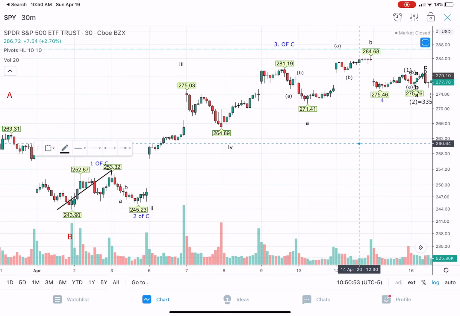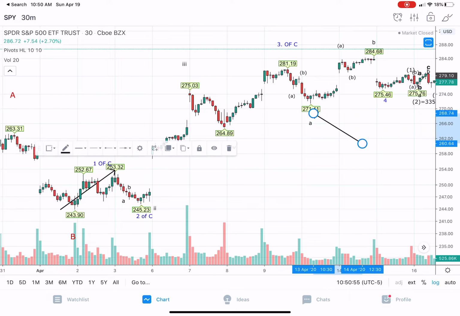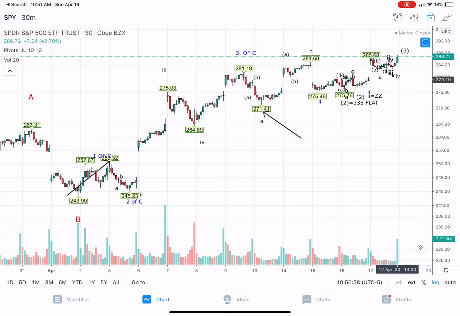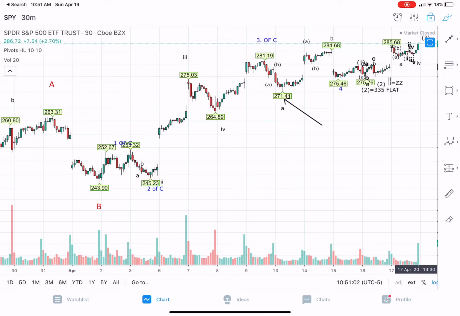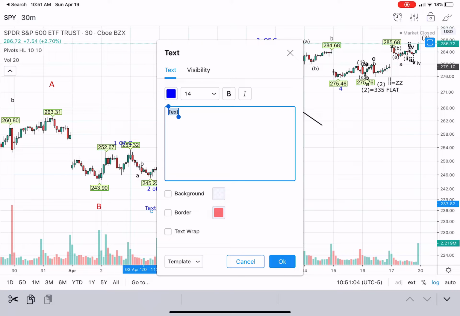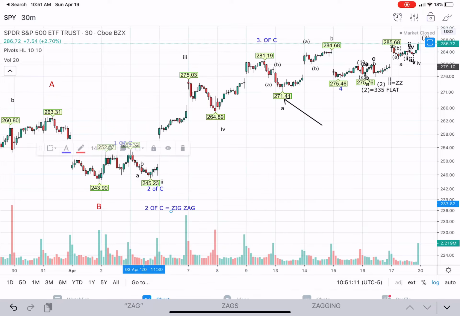So now how did I measure this move right here? How did I measure the wave 4 of that? Well, knowing that wave 2 was a zigzag, we can assume that wave 4 is going to be a sideways or a flat correction.